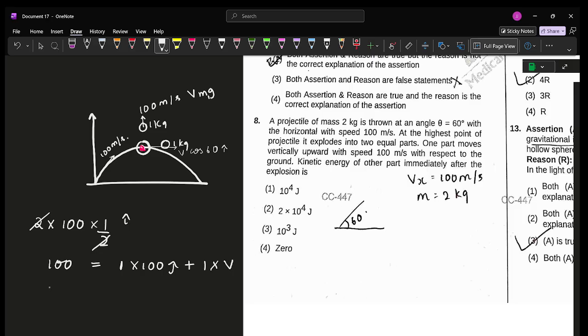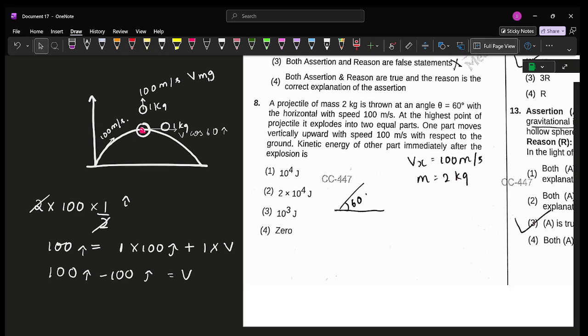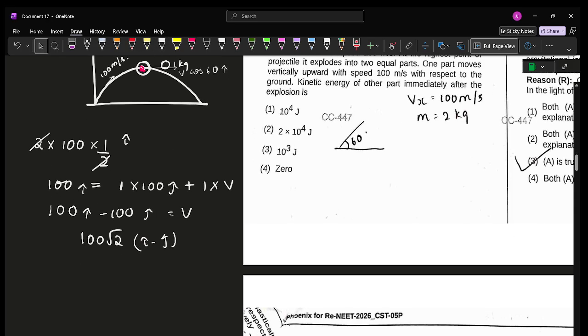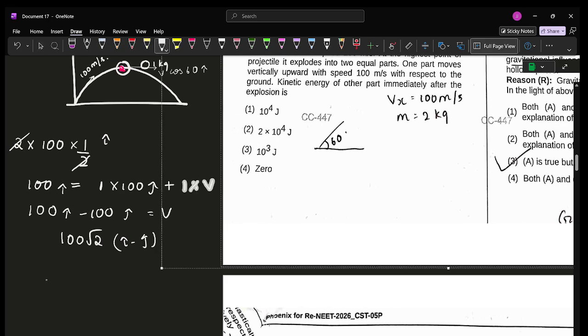Minus 100 j cap is v, and if I have to find the magnitude, it's basically 100 root 2. It's going to be something like i cap minus j cap.